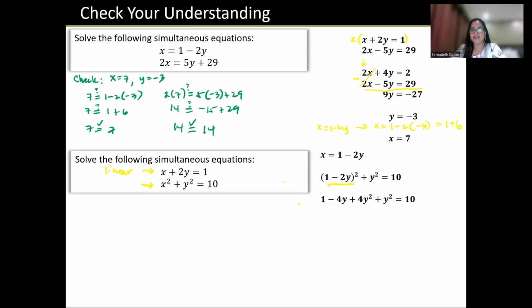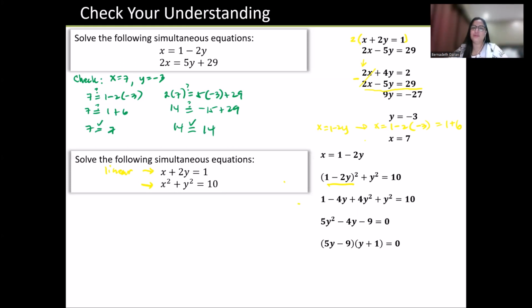Okay, then we simplify everything, right? So we have 5y squared minus 4y minus 9 is equal to 0. And thus, we are going to factorize it this way. Now, you can use the method that we discussed before, okay?